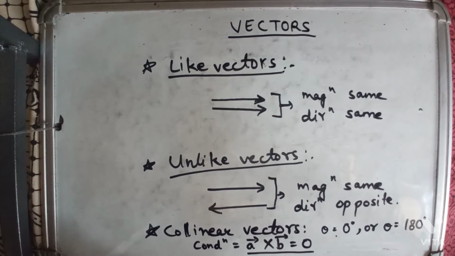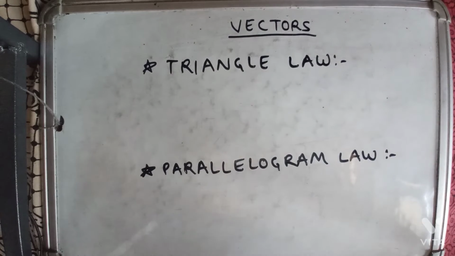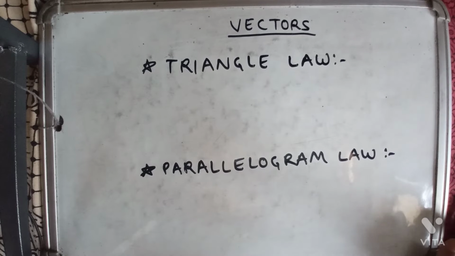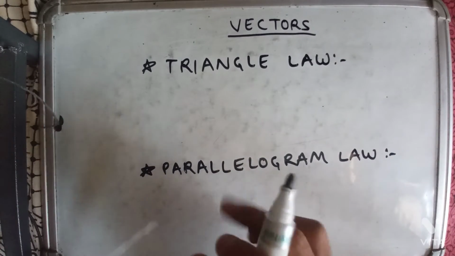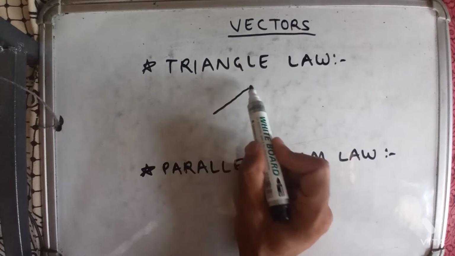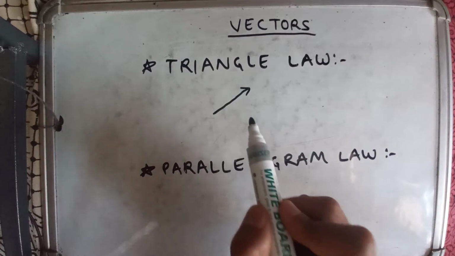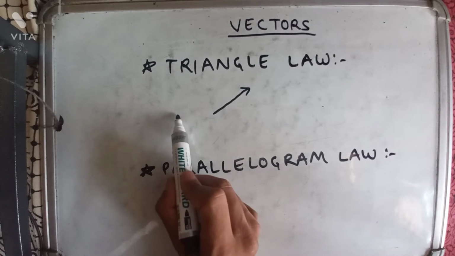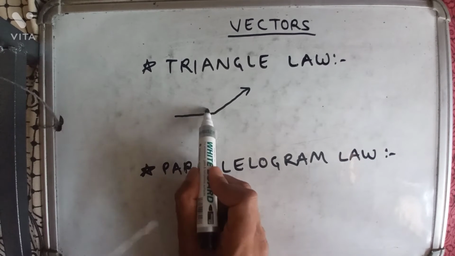Let's move further. Now let's check out two important laws of vector addition. The first one is the triangle law, and the second is the parallelogram law. The parallelogram law is just the extension of the triangle law. Let me show you. This is a vector, and there is another vector like this.